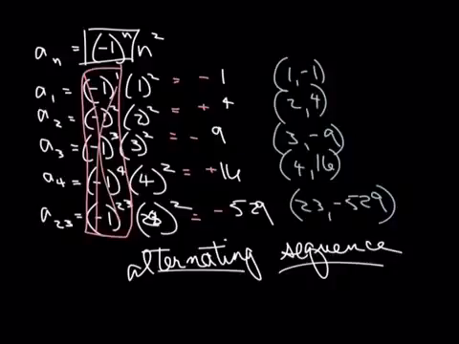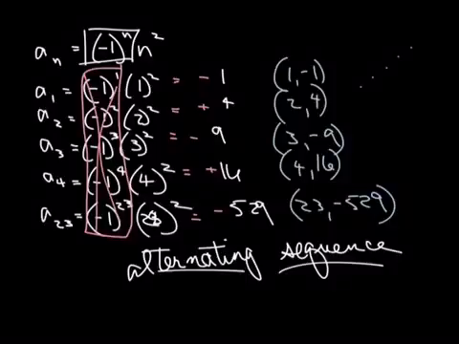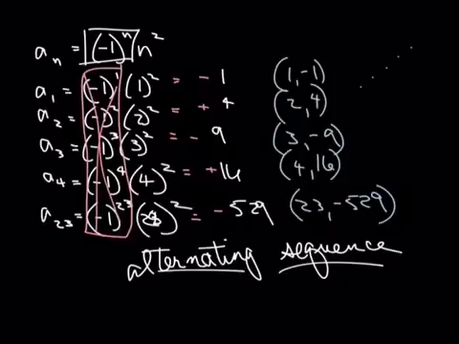Now, this is not going to give you a line. You're graphing just the individual points. You're not connecting the dots with a line. So that's one of the differences here.